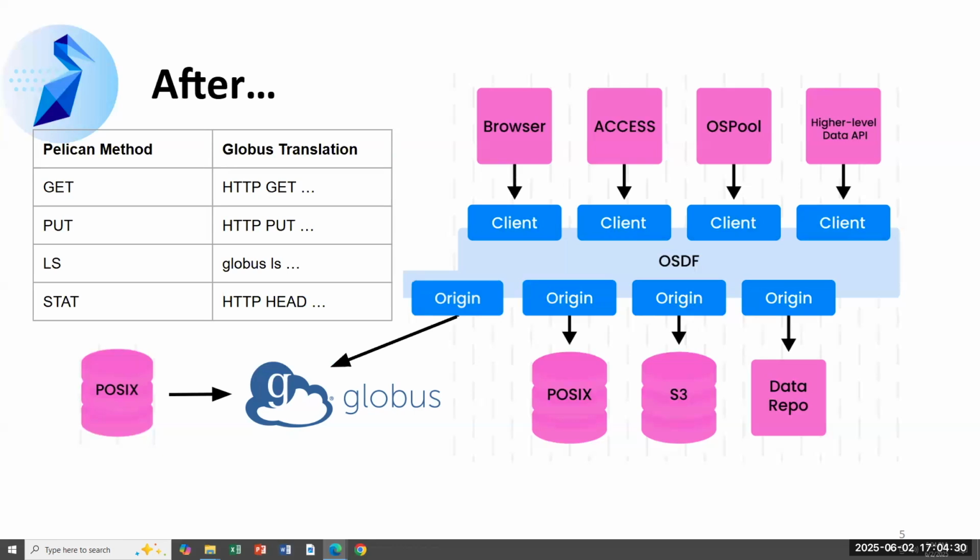The way we're going to do that is with a translation layer inside the origin, which is housed in XRootD, which maps our Pelican methods like get, put, ls, stat to methods that the underlying data store or the service fronted by the data store is able to process. In the case of Globus, we have HTTP methods in addition to Globus-specific methods in some cases, like ls.